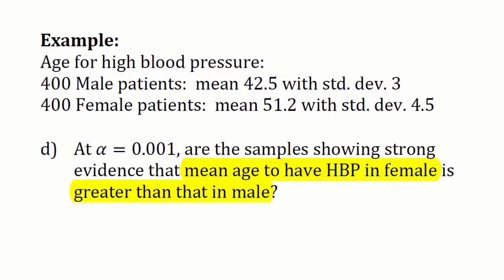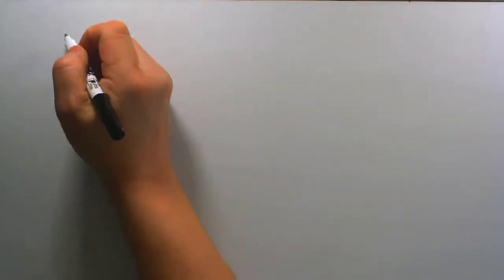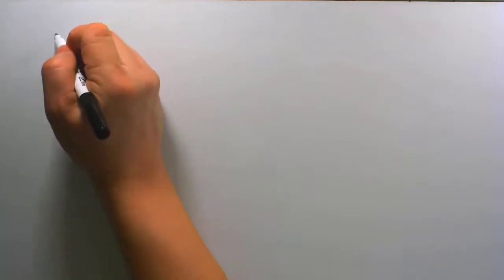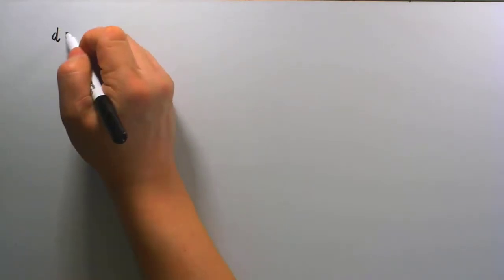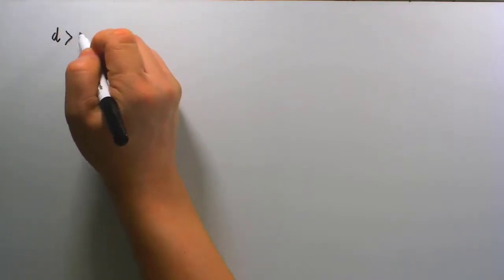One more time, looking back at the question itself: are the samples showing strong evidence that mean age to have HBP in female is greater than that in male? In that way, on my writing board, I can see that the statement is saying that we want to prove that the difference mu1 minus mu2 is a positive quantity.